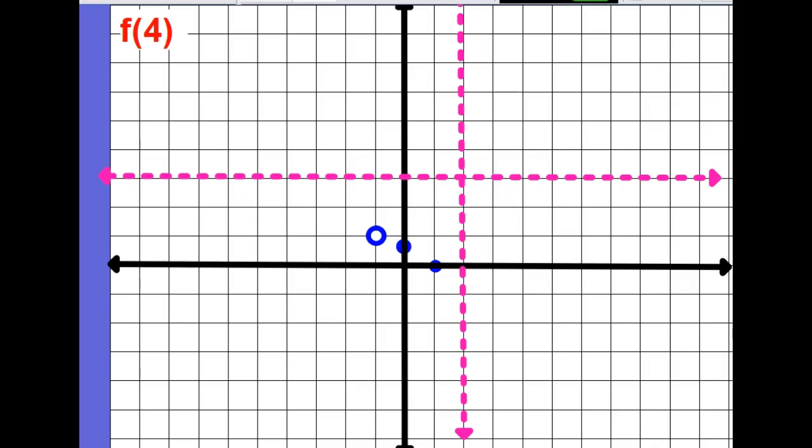So this part of the graph is going to go like that. Instead of filling in that chart that I have on your paper, I'm going to fill in the rest of the graph by stage. And down 3, this is going to go over 1 and up 3.